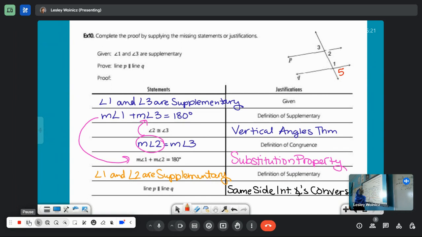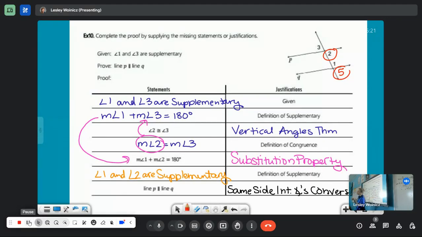Okay, so let's say that we knew that these two are congruent. We could have done something similar and used the corresponding angles postulate converse to say that those lines are parallel. If they told us that 3 and 5 were congruent, we could have used the alternate exterior. You see what I'm saying? It just depends on the piece of information that you're given.